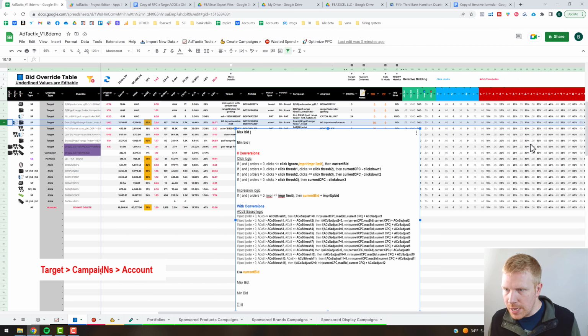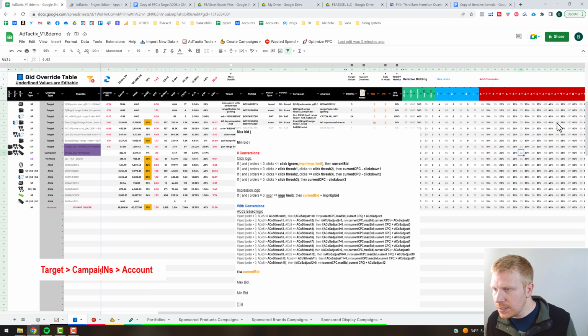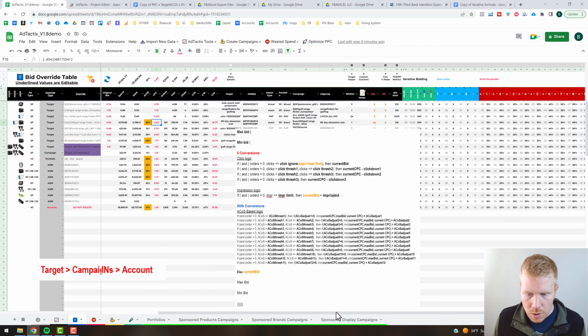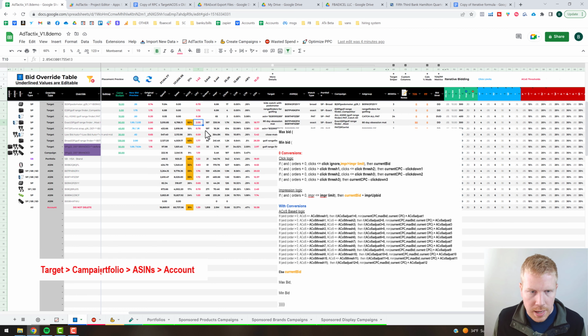So in this case, we've got, I believe it was a decrease. Yeah, 52. So let me highlight this again. So you got a negative. So our negatives are going to be the smaller of the cost per click or max bid. So in this case, cost per click is 2.05, and our current bid is 2.